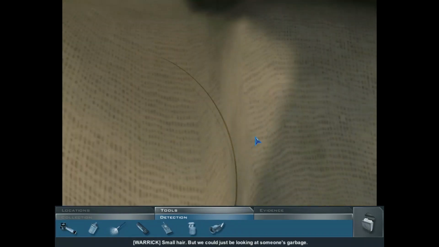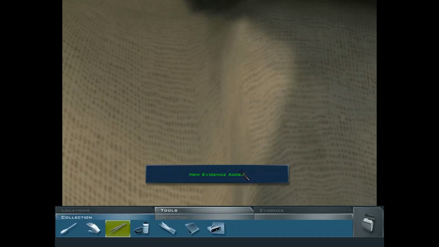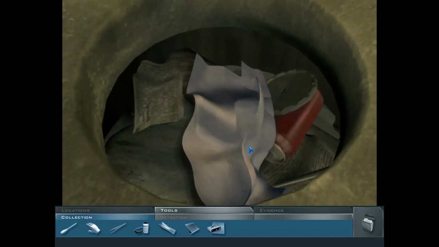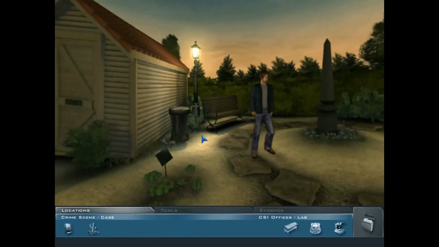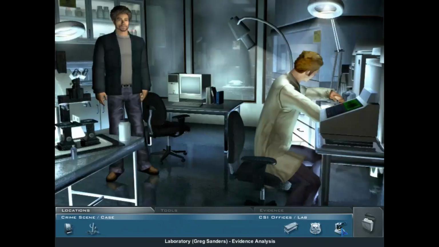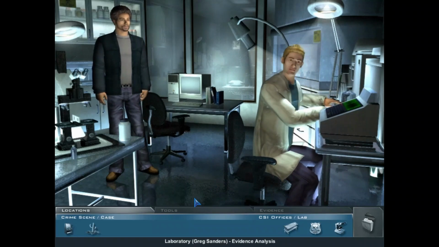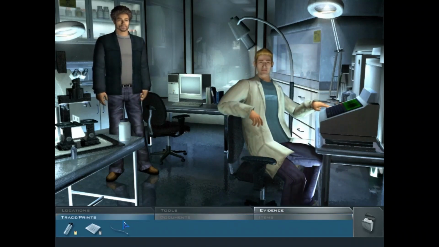Small hair, but we could just be looking at someone's garbage. What do you need?